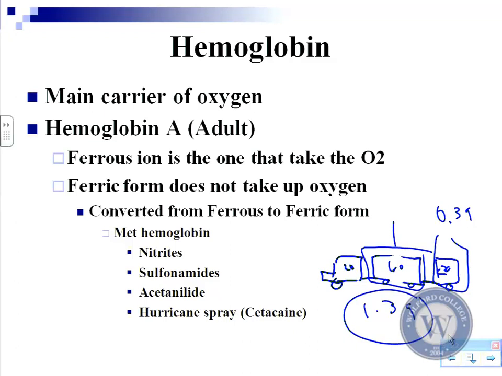Okay? Now, what's really cool about hemoglobin is you can also change the load inside the trucks, the hemoglobin molecule, by changing its affinity for binding. In other words, the baby that is initially born has what we call hemoglobin F, a fetal hemoglobin.